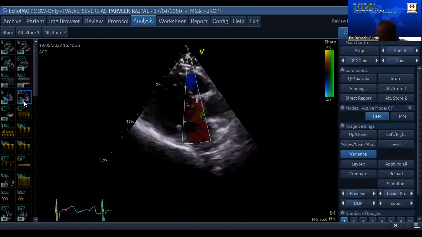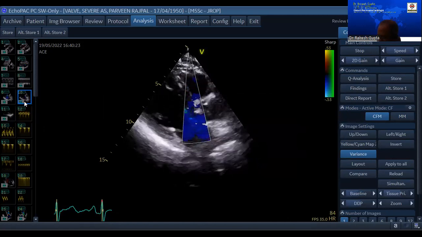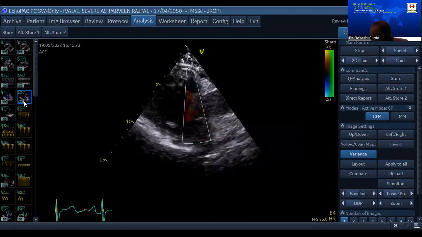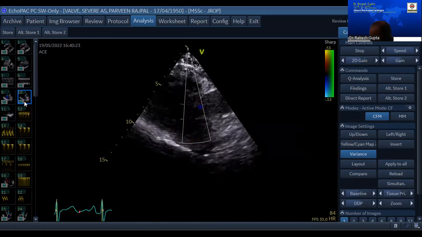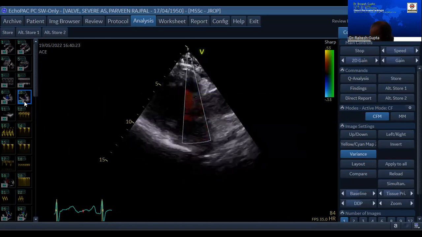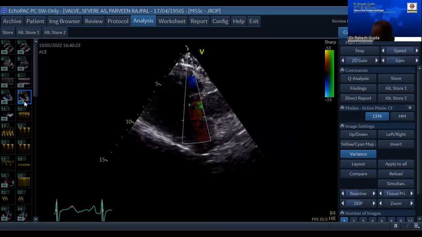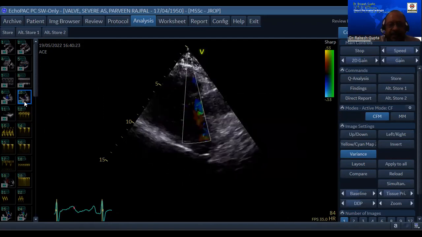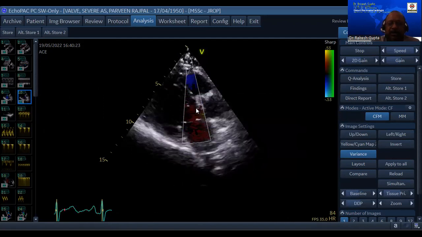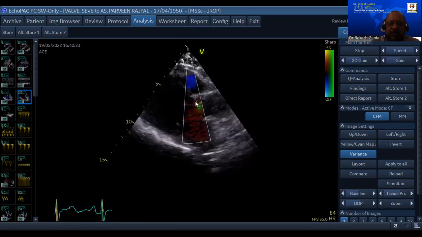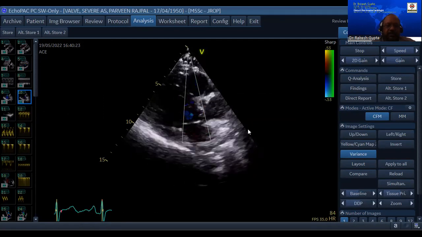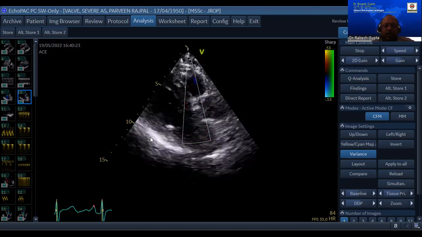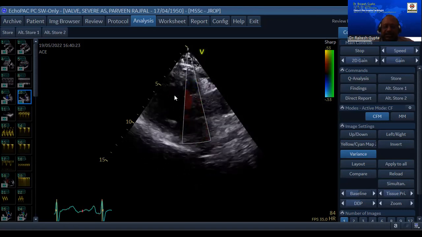Sir, then we can calculate the area. Calculate area how? Sir, by that equation. Which equation? Sir, I can't tell exactly. Before calculating the aortic valve area by the continuity equation, we have to go for certain more things. First of all, we have to look for LV wall thickness.